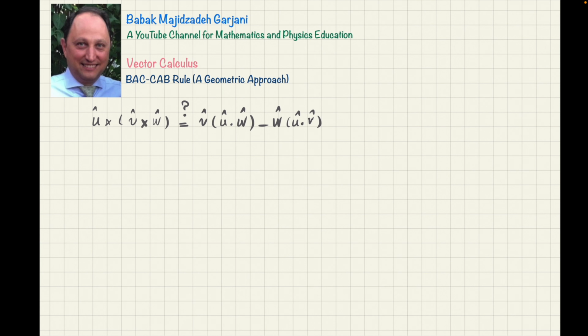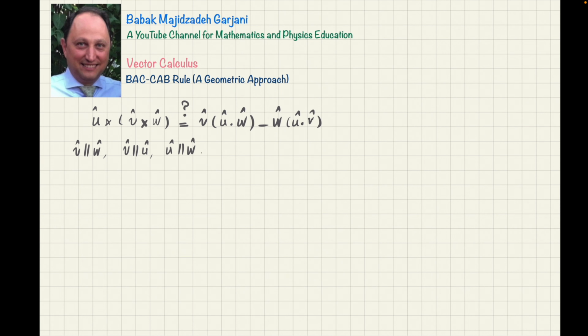Also consider some special cases. First, let us consider the case. So I want to consider that if v is parallel to w, what happens? If v is parallel to u, what happens? If u is parallel to w, what happens?